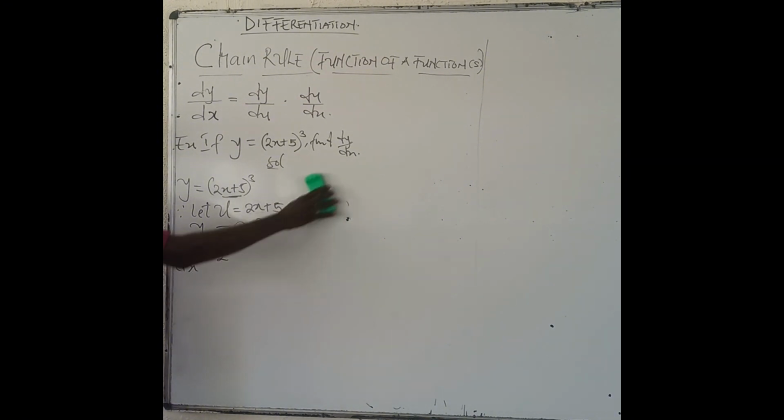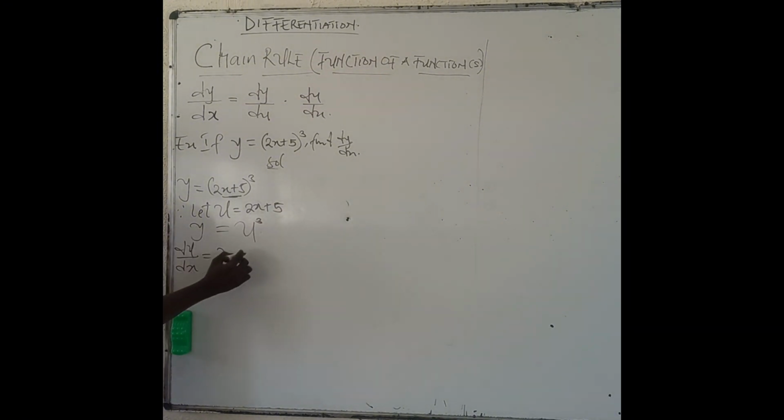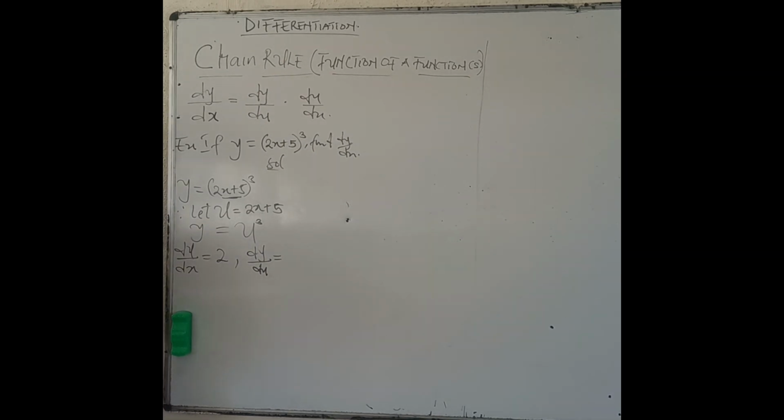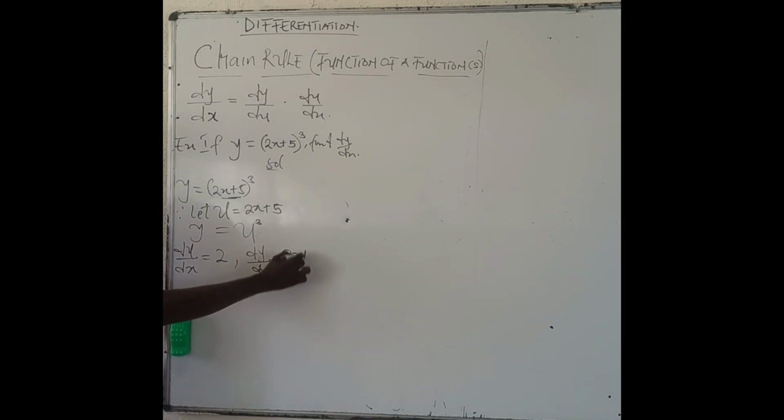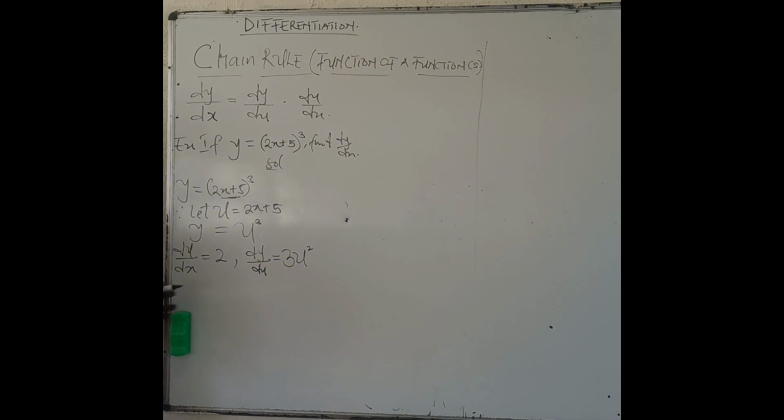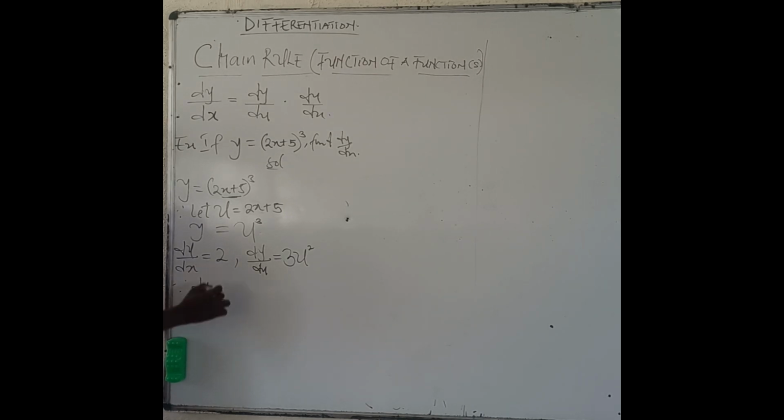Therefore, you proceed to differentiate y, because you must differentiate u with respect to x, and you differentiate y with respect to u. So you are now going to have dy over du of u cubed. When you are differentiating u cubed, you are going to have 3u squared. I believe you all know that. So therefore, we can say that dy over dx can be expressed as dy over du multiplied by du over dx.